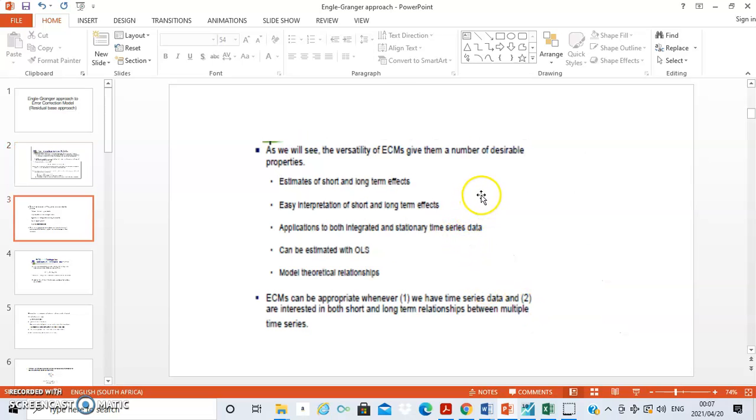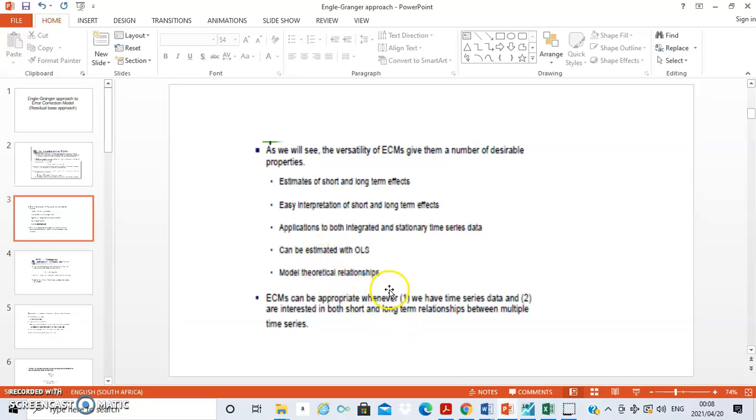And maybe just to add to that, it deals with both integrated and stationary time series data, and it can be estimated using OLS, ordinary least squares, and you can use these types of models to test different economic theory, whether micro or macro.